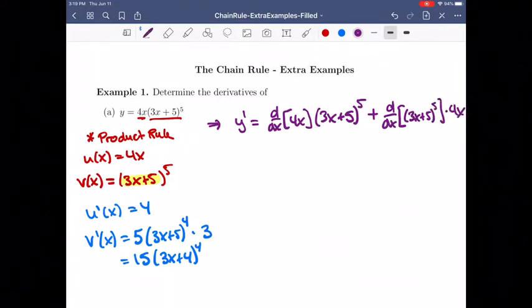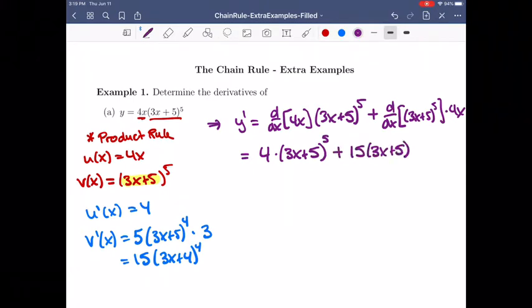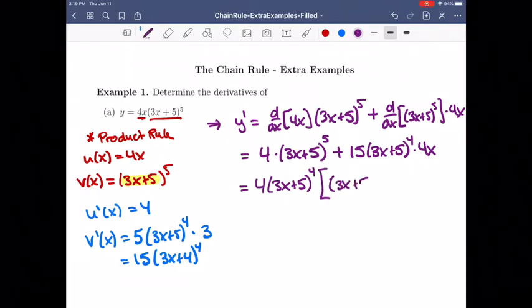We've already computed these derivatives, so this is 4 times (3x + 5) to the power 5 plus 15(3x + 5) to the power 4 times 4x. I see that I can take out a 4 and also (3x + 5) to the power 4. In the first one I'm going to be left with 3x + 5, and in the second term I'm going to be left with just 15x.